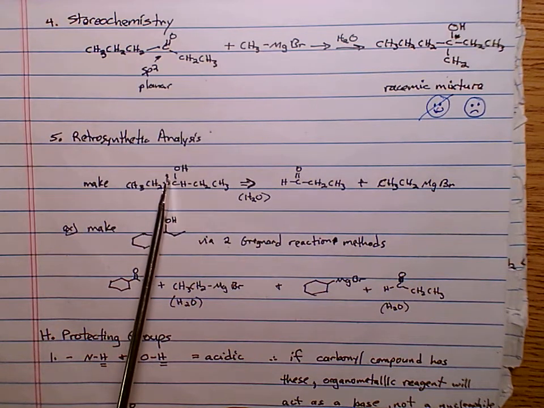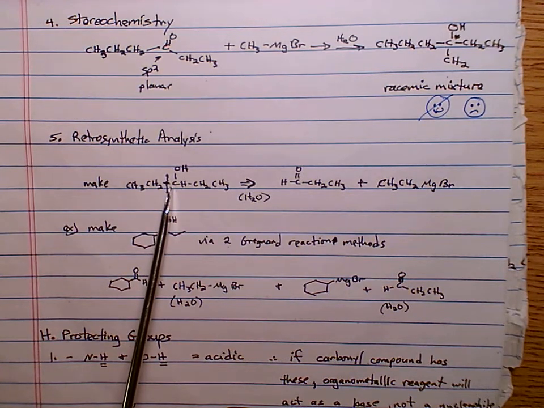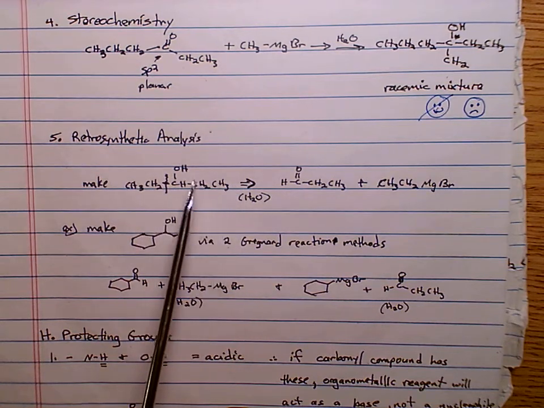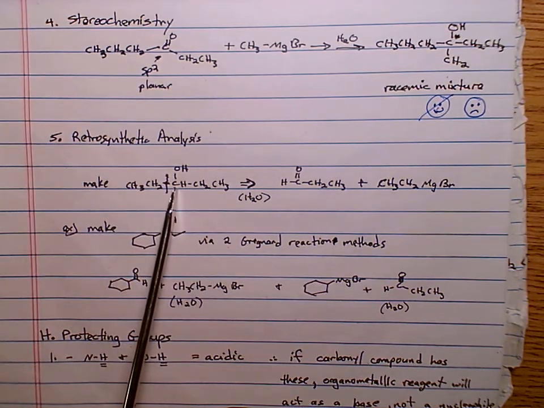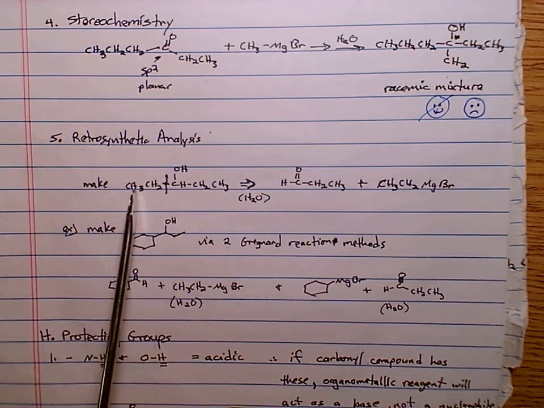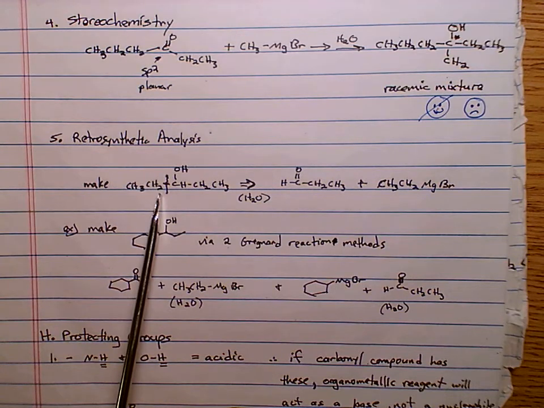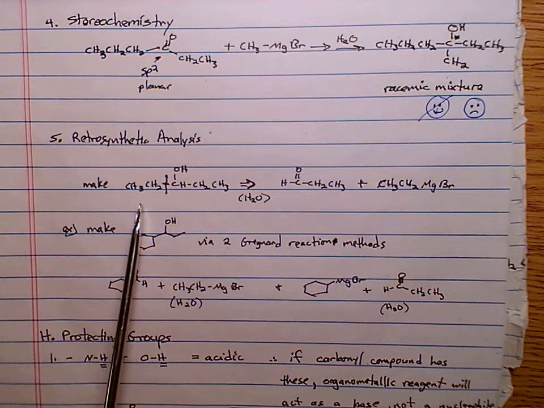Secondary alcohols come from the reaction of an aldehyde with an organometallic reagent. Recall, a ketone with an organometallic reagent will give us a tertiary alcohol, but we've got a secondary alcohol.